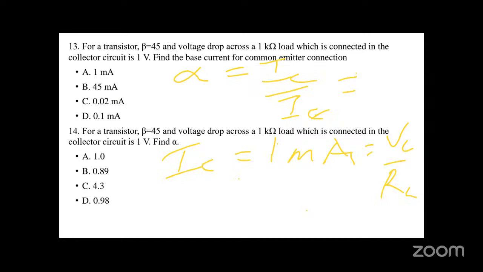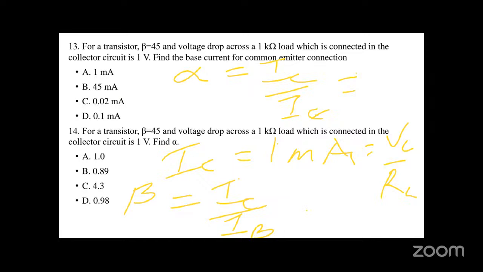If we take the relationship beta is equal to IC over IB, it means we can find IB to be IC over beta.